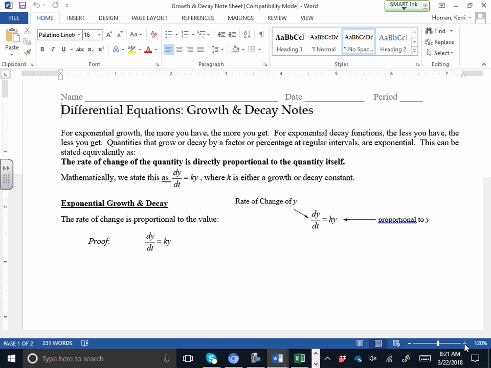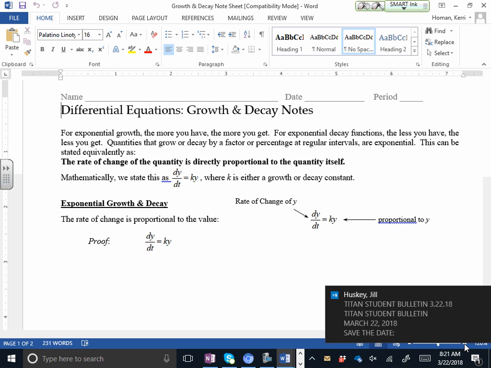If y is directly proportional to x, y equals kx. That's something that you did way back in algebra. It's like a line with slope, where k is the constant of proportionality.